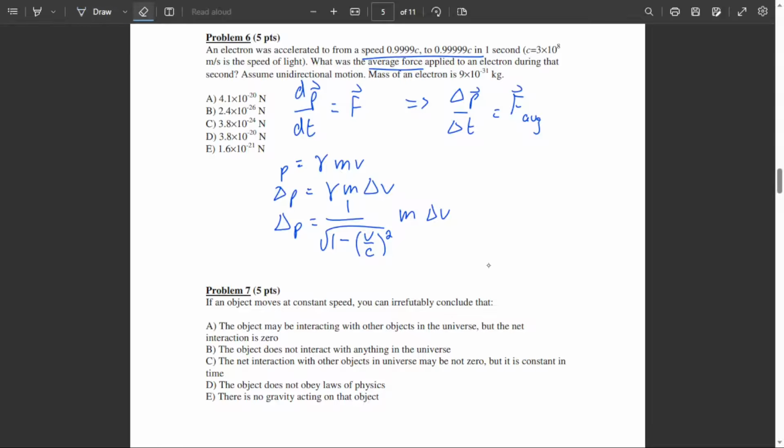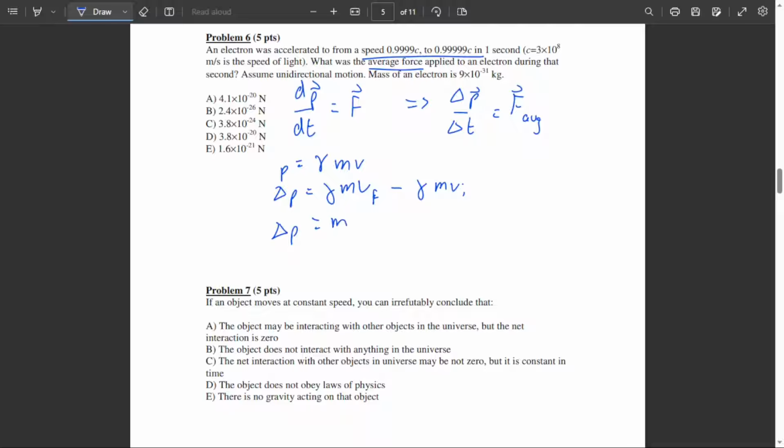I'm sorry, hold on. This doesn't work actually in relativity. We have to write this like this. Now let's do final minus initial. So then, this is just how you calculate any change, final minus initial.